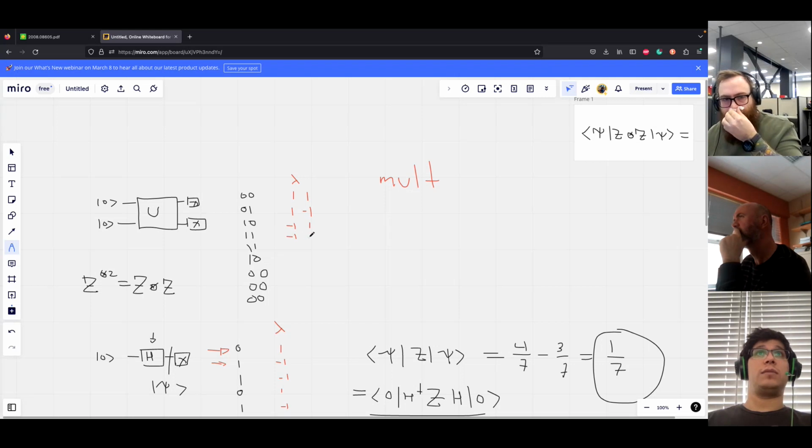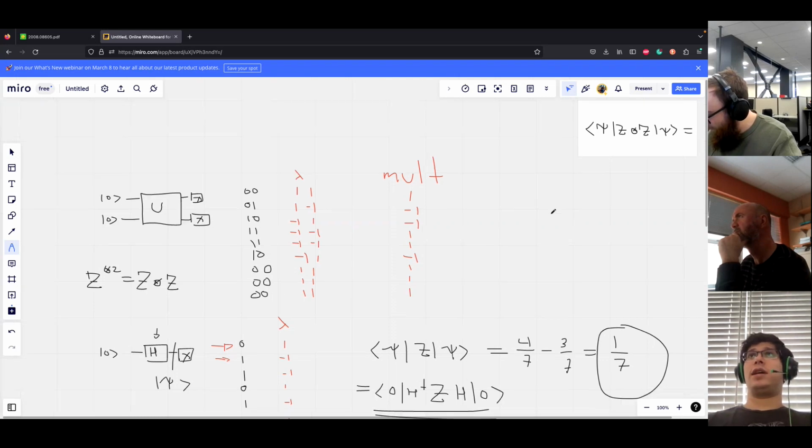Then we have -1, -1. Then -1, -1. Then -1, 1. Then just once, 1, 1, 1, 1, 1, 1. And now we multiply for each one of the results. In this case, we have a 1, then -1, -1, 1, 1, -1, 1, 1, 1.